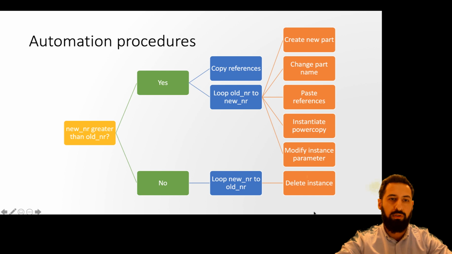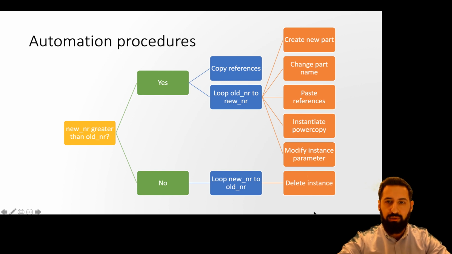So the task was to create an automatic procedure for adding and deleting ribs. And so here, as you could see, when we did the CAD model and the script, if the number of new ribs was greater than the old number of ribs, then you go to a process where you first copy references, and then you go into a loop where you start adding the ribs.